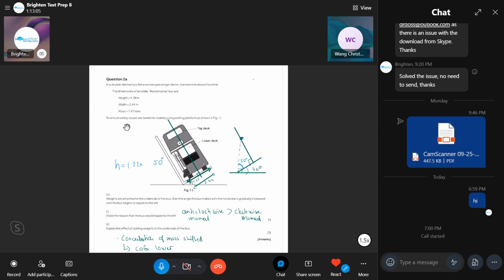Are you sure? Which one do you want to know for the height, Chris? The one on the side. Okay. So when you look at the 50-degree angle, what is that? It's between the hypotenuse and the adjacent.